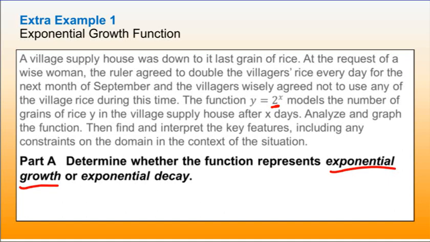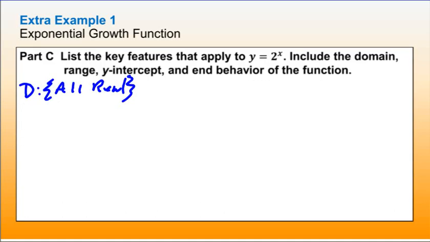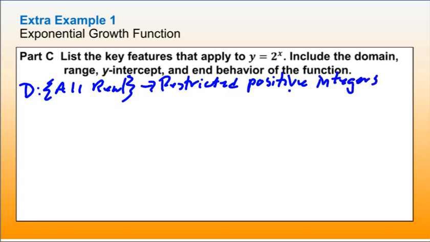And x represents the village house supply after x days. So if x is our days, our domain would have to be restricted to positive integers. Or you could just say whole numbers.